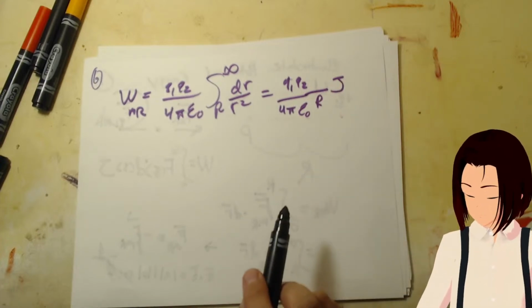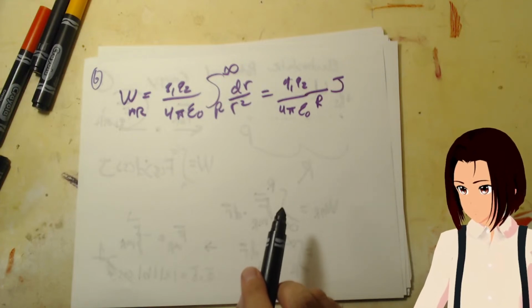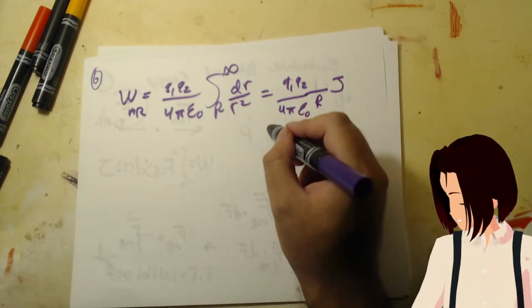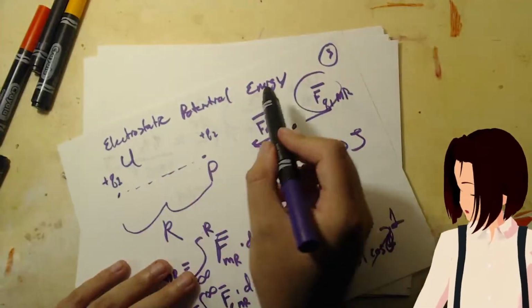And that's a scalar. This is the amount of work we're doing, and we're going to call this U.